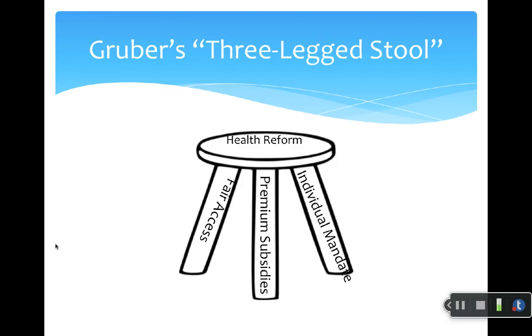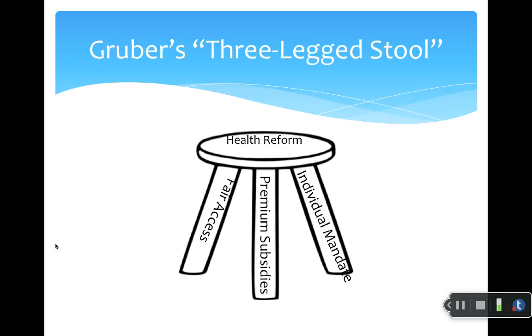In order for this health reform to be successful, Gruber says that the individual mandate, the requirement for all people in the United States, must exist, because otherwise, people could choose not to buy health insurance. And when that happens, usually it's the people who don't have health insurance who are the healthiest who don't participate.